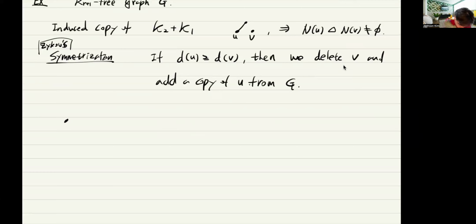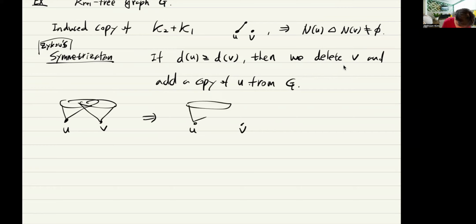In other words, u has a neighborhood and v has a neighborhood. They are not adjacent. Then how do you change? Make this vertex adjacent to the neighbors of u only.